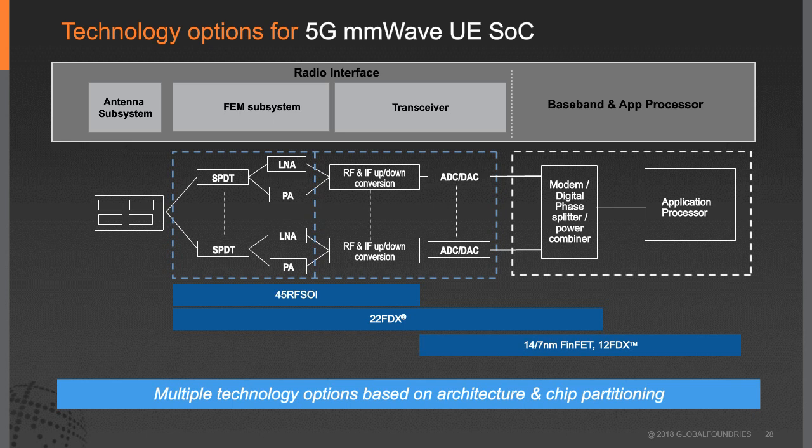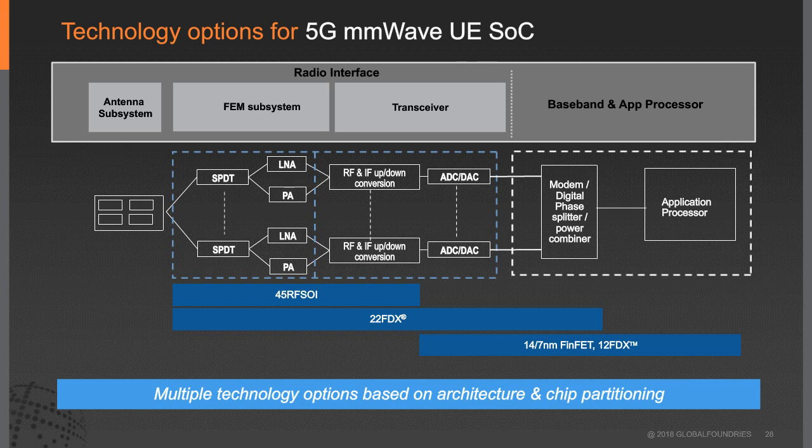With 45 RF SOI you can use it only for the front end up to the LNA, PA, or you can have the IF up and down converter as well and get it down to the baseband. With 22 FDX you can have front end, IF up-down conversion as well as ADC, DACs and even integrate the baseband, or you can have FinFET technology for the baseband. So there are multiple technology options based on which you can choose the architecture and chip partitioning.